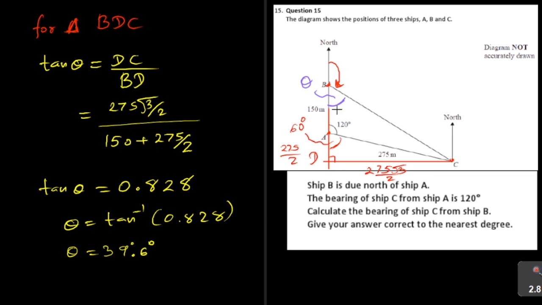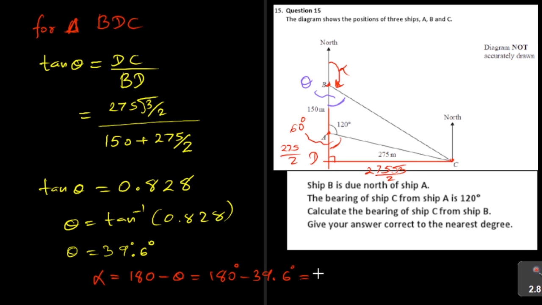No. The bearing is this upper angle. I would call this alpha here. So alpha equals 180 minus theta, which is 180 minus 39.6, giving 140.4.